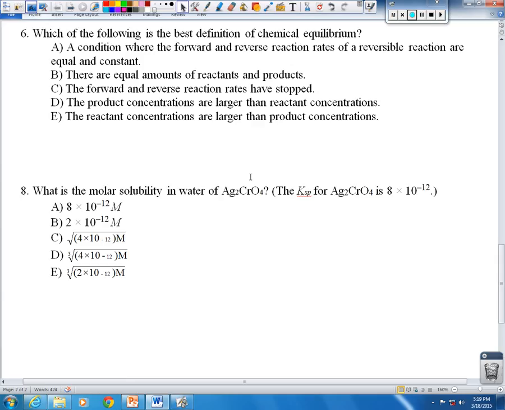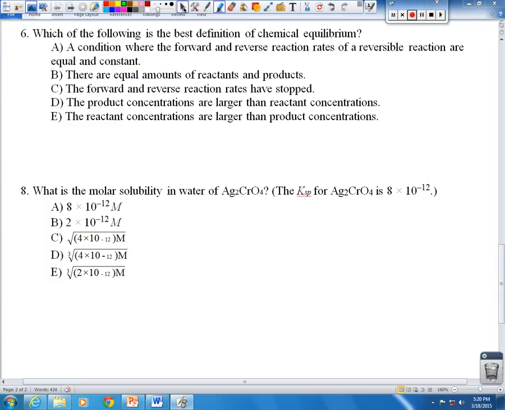I'm talking about completion, but equilibrium. The product concentrations are larger than reactant concentrations. It's possible, but is that a good definition of equilibrium? No. Just like that, E is not a good one. So it's obviously A, right? Because the key here is the rates are equal and constant. The rates, not concentrations, the rate.